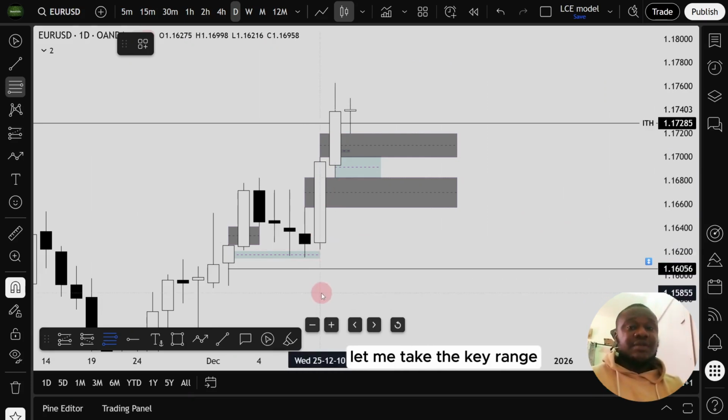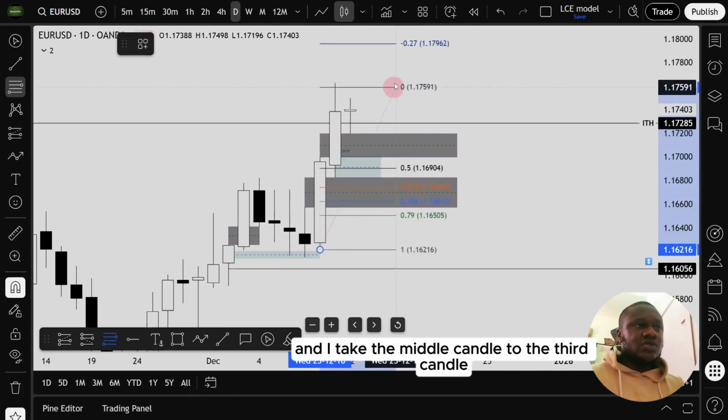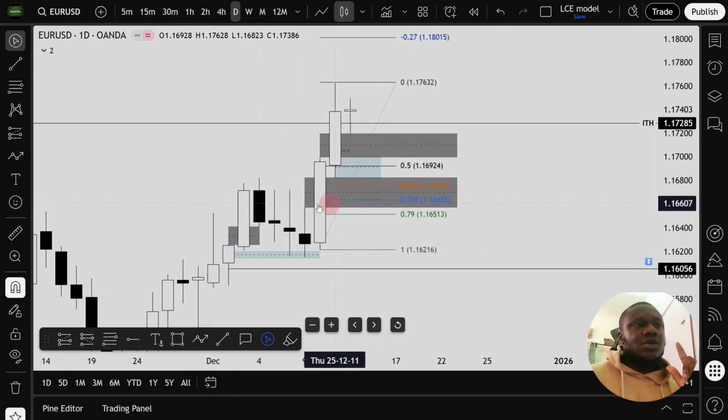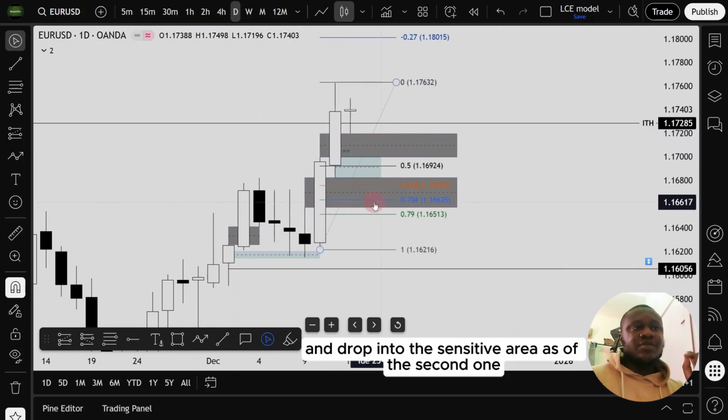All right, let me take the key range and I take the middle candle to the third candle. What do we see? We see price fail, take out this bullish fair value gap and drop into the sensitive areas of the second one.